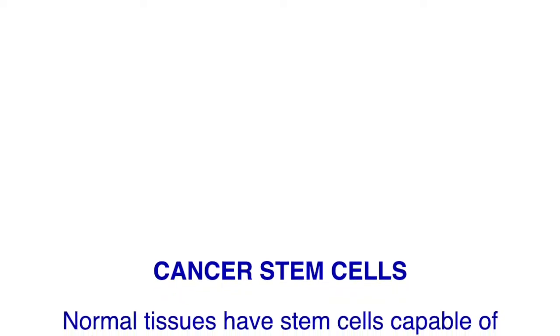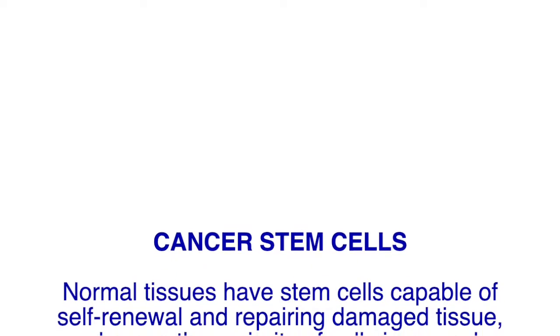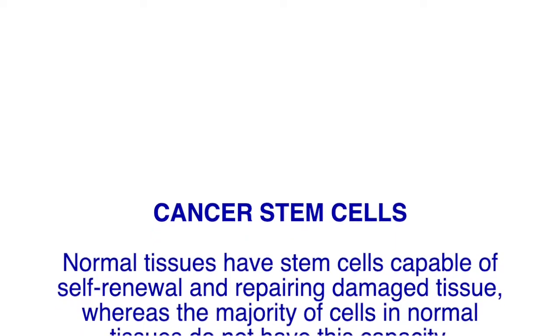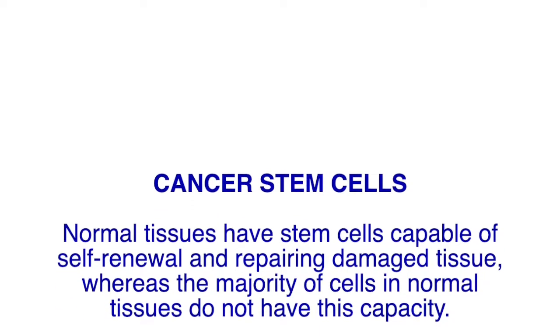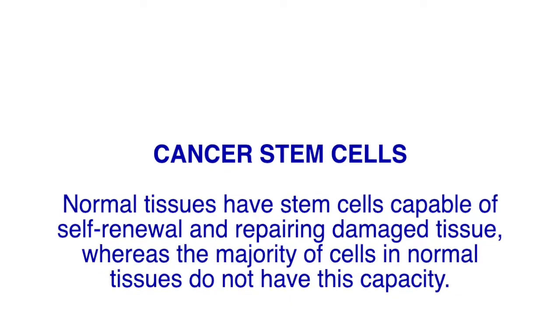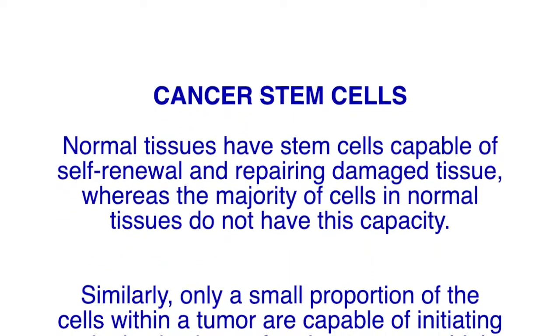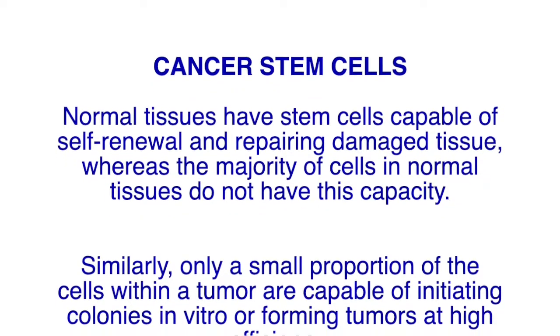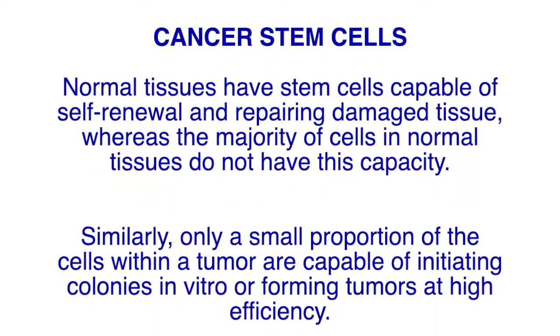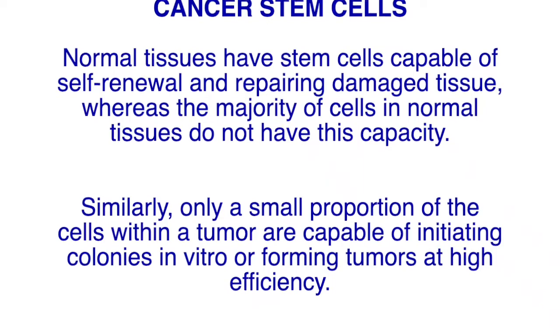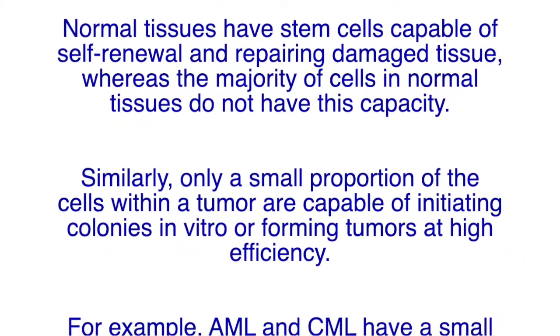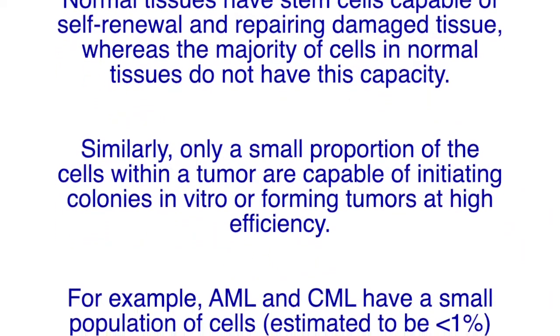Normal tissues have stem cells capable of self renewal and repairing damaged tissue, whereas the majority of cells in normal tissues do not have this capacity. Similarly, only a small proportion of the cells within a tumor are capable of initiating colonies in vitro or forming tumors at high efficiency.